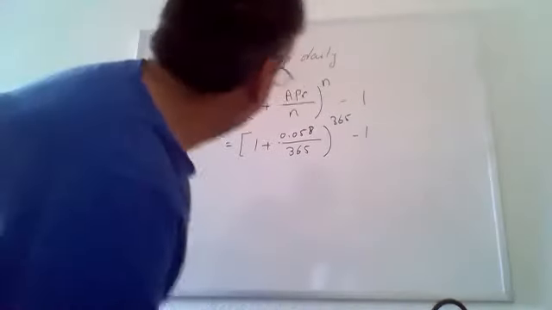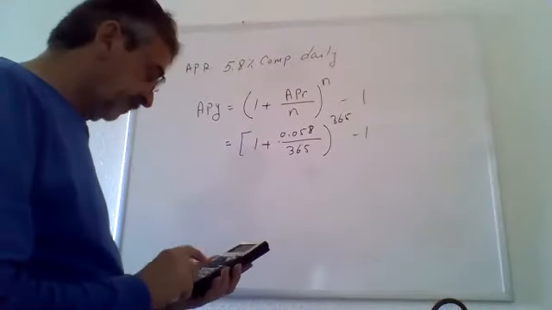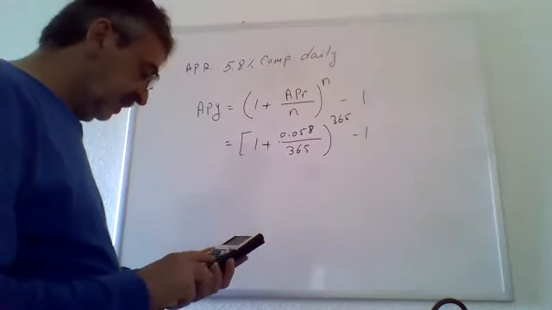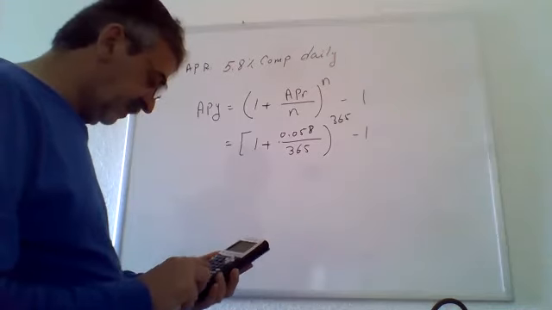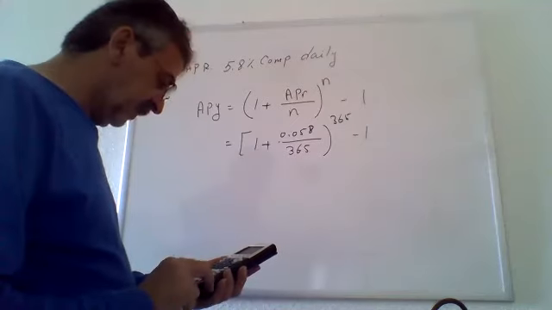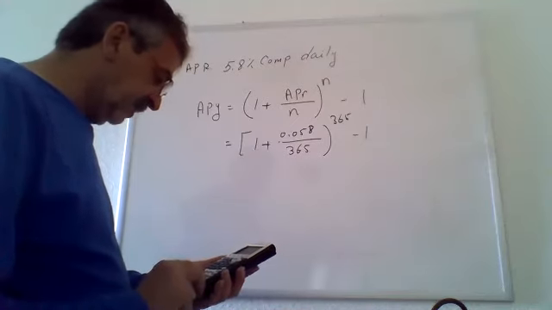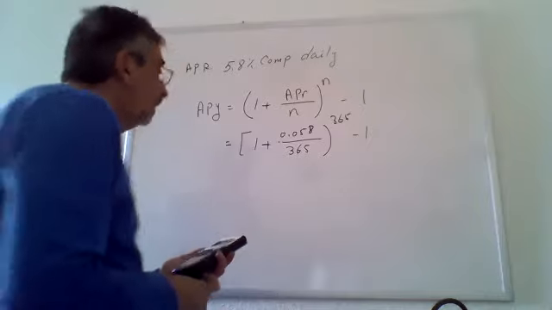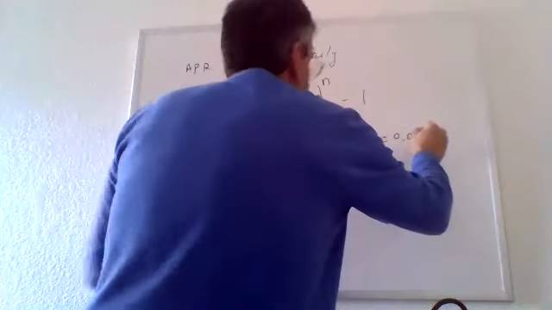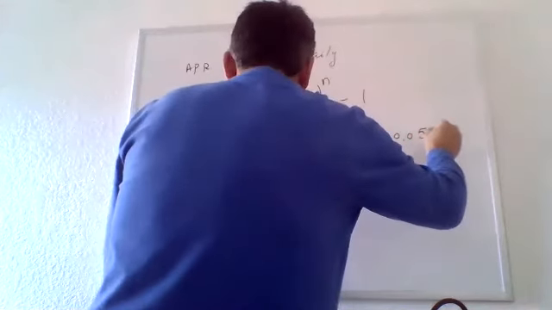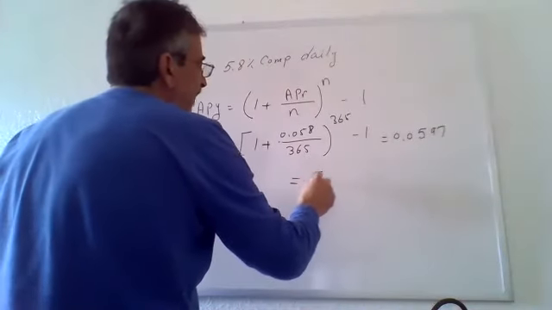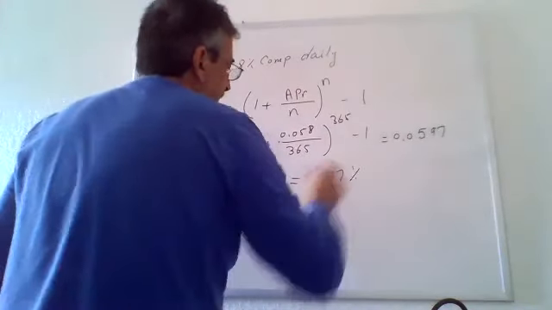And if we do that, 1 plus 0.058 divided by 365, to the power 365, minus 1, that's equal to 0.0597, which is equivalent to 5.97%.